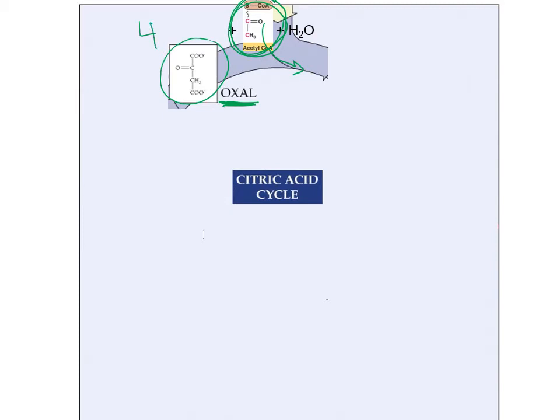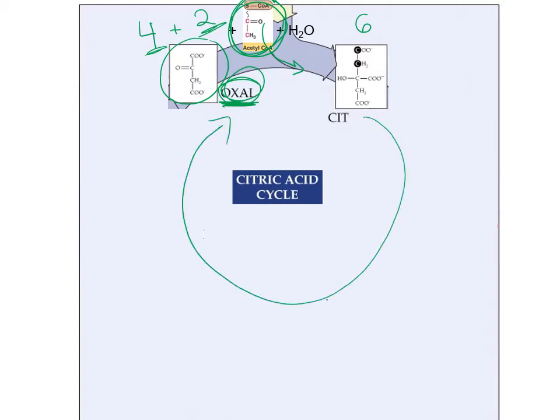We take our 4-carbon oxaloacetate and add in our 2-carbon acetyl CoA plus some water, and we end up forming a molecule called citrate, which is a 6-carbon molecule. So the first step involves adding acetyl CoA to the previously existing oxaloacetate, which is already in the cycle, and being as this is a cycle, we're going to want to get back to oxaloacetate.